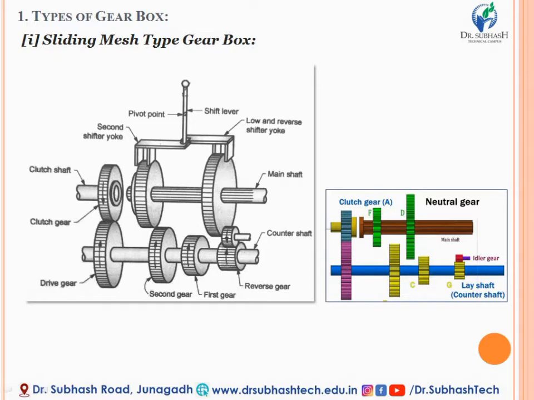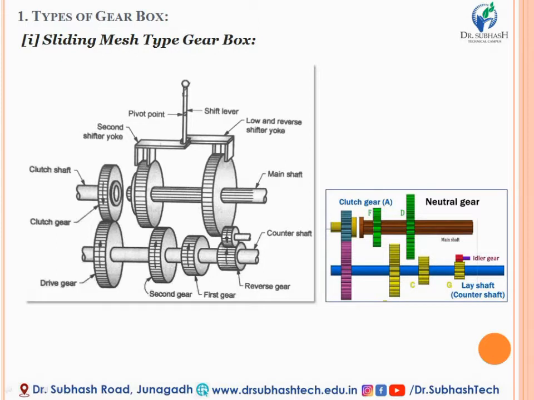Generally, the clutch gear is rigidly fixed to the clutch shaft and it always remains connected to the drive gear of the counter shaft. You may also see from the figure that the clutch gear is permanently fixed to the clutch shaft and always remains in the connected position with the driving gear.